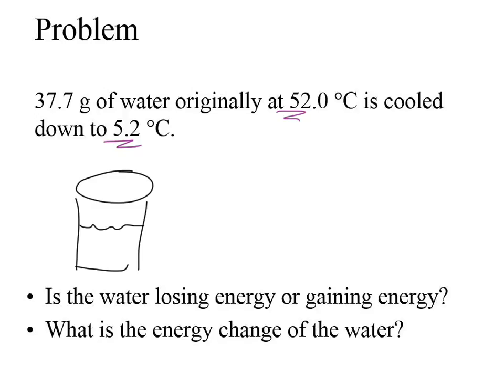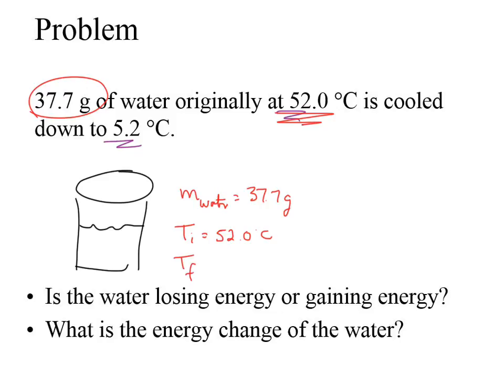So on the next slide, actually, you're going to see that M of water is equal to 37.7 grams. T sub I, initial temperature, is 52.0 degrees Celsius. Final temperature, T sub F, is 5.2 degrees Celsius.